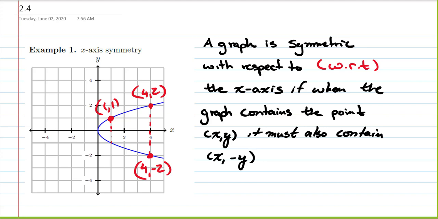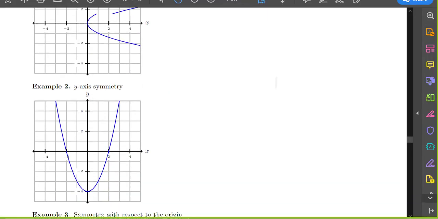Its symmetric point would be 1 and negative 1 because we changed the sign of the y-coordinate. So to have x-axis symmetry, a graph must contain the points x, y, and the point x, negative y. So that's our definition for x-axis symmetry.